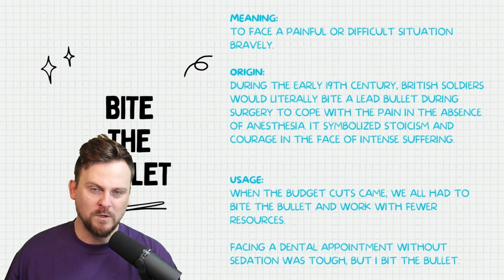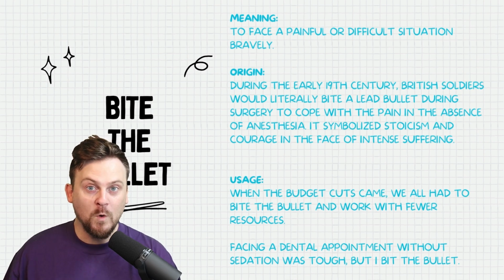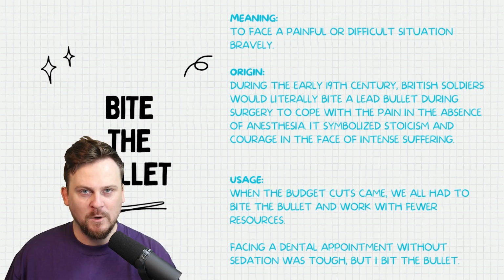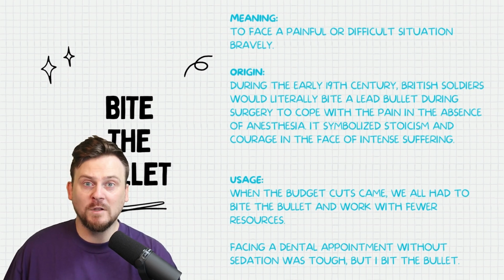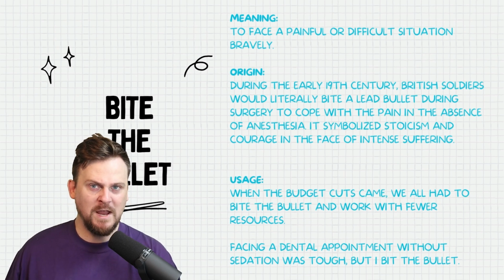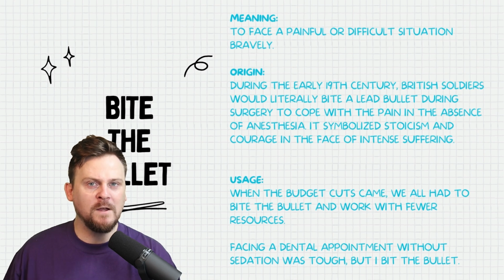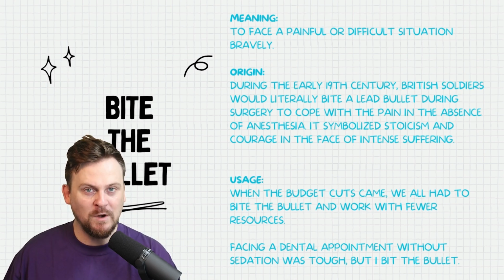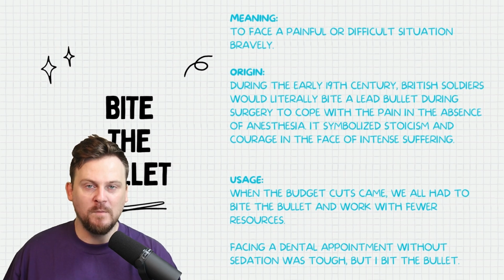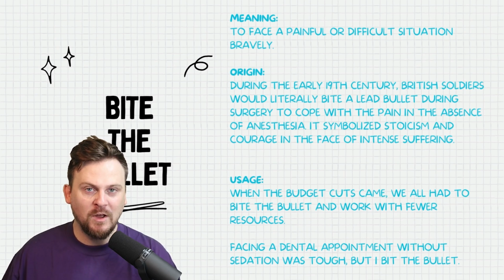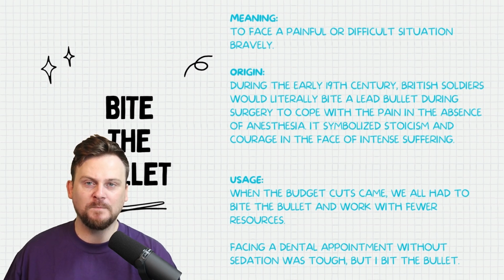But it's more historical. So before we had general anesthesia, when you would cut off a leg or something, having your leg cut off would be extremely, extremely painful. And, I don't know if this is only from British soldiers, but in general, this comes from soldiers who needed to have limbs amputated, usually, right?